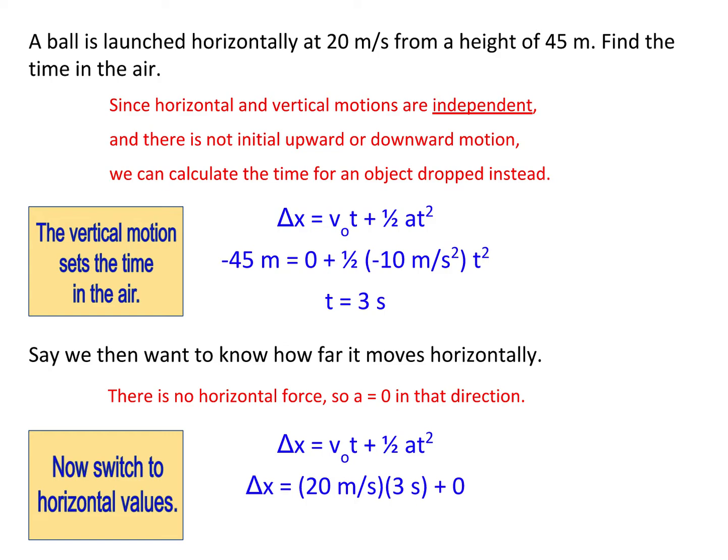We're looking for the delta x here. We're looking for how far it goes. We're putting in now the initial velocity because the 20 meters per second is the speed it was traveling horizontally. And we'll reuse that number that we just calculated, the 3 seconds of time. And again, in this part of the problem, our acceleration is 0 because horizontally there's no forces acting once the ball is in the air, and so the acceleration would also be 0.